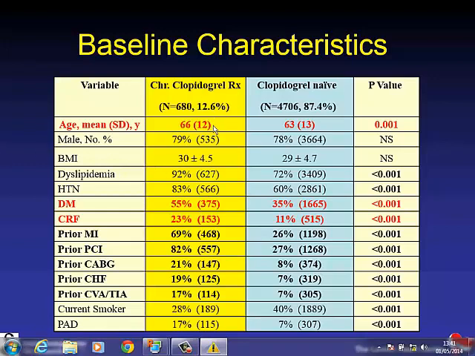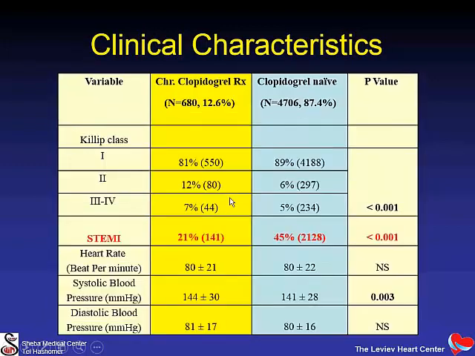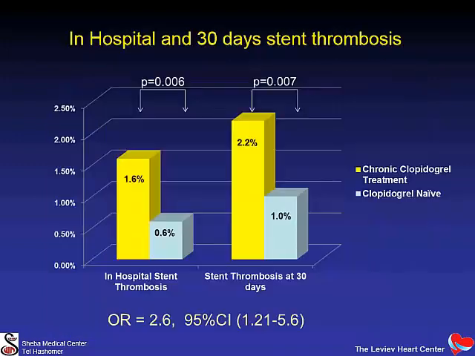And you can see very nicely that the clopidogrel failure patient is much sicker. They are older, more likely to suffer from diabetes, to have chronic renal failure, and not surprisingly, more likely to have a history of prior cardiovascular disease. Interestingly, they were significantly less likely to present with ST elevation, like the present case.